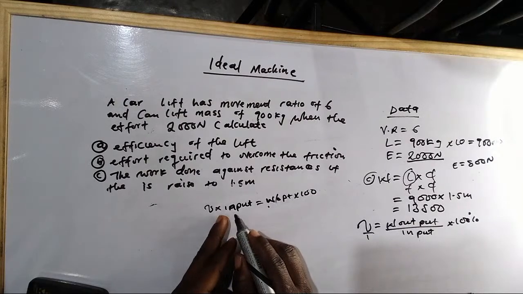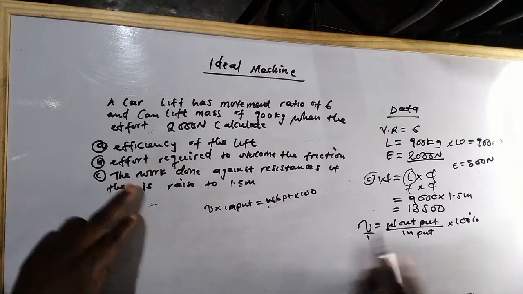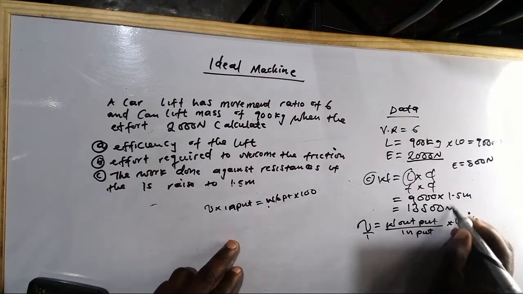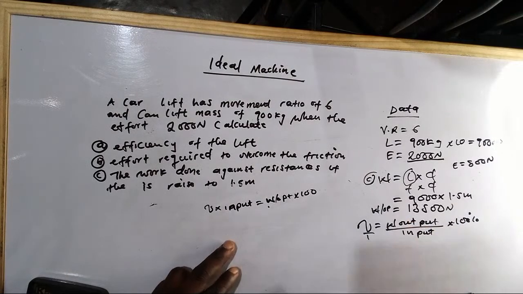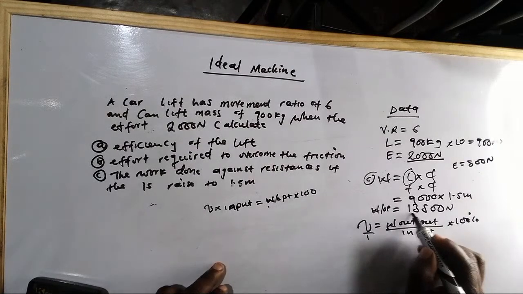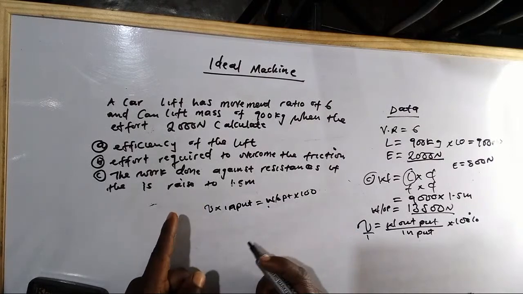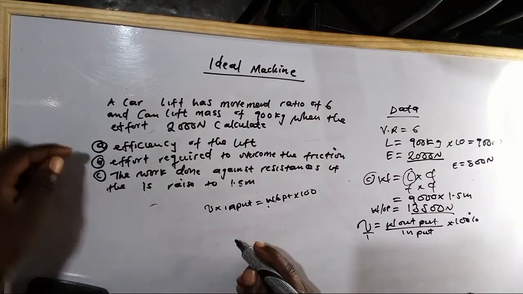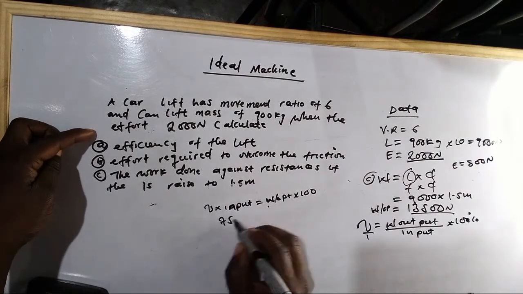Work input we don't have. Work output we found: the work done is the work output here. So we are going to say the efficiency which we found earlier is 75%.